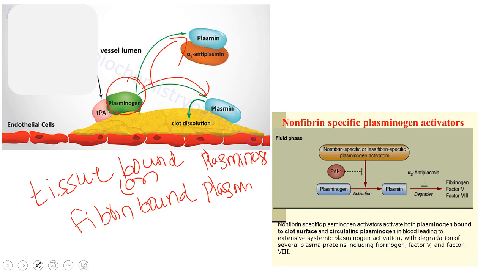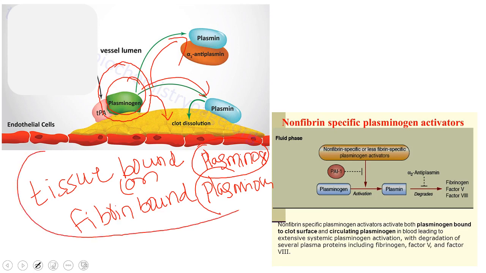There are 2 types of plasminogen. The first is the type which is bound to the fibrin which is formed at the site of injury. This is also called tissue bound or fibrin bound.